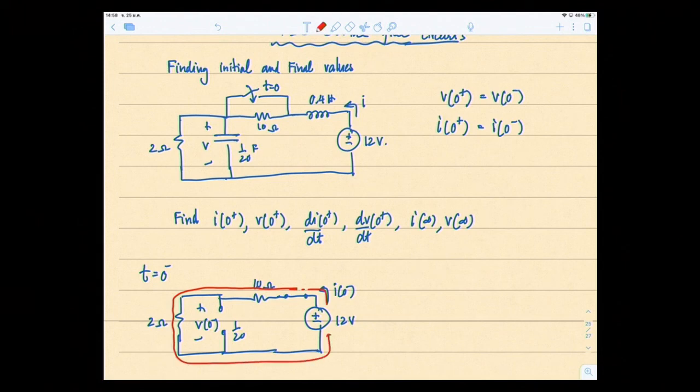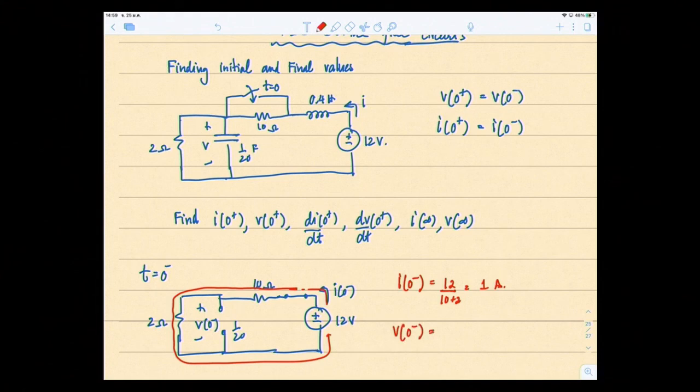It's only one loop, 10 and 2 in series connected to the 12 volt. So i(0-) using Ohm's law is 12 divided by 10 plus 2, which is 12, so 1 amp.